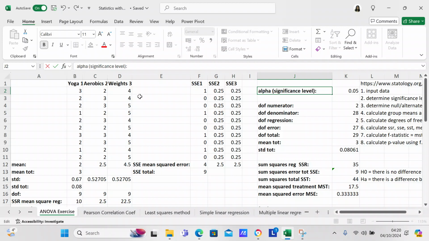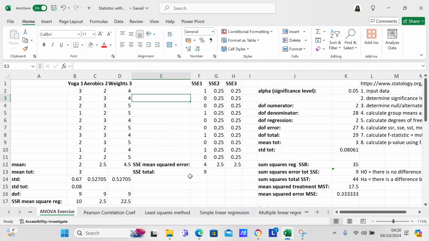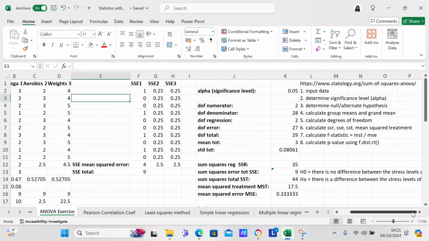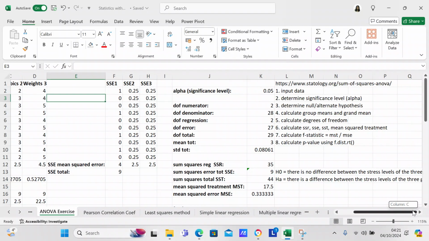Okay, and then after you set your significance level, you determine your null hypothesis and your alternative hypothesis. Our null hypothesis is that there's no difference between the stress levels during exercise in the 3 groups.